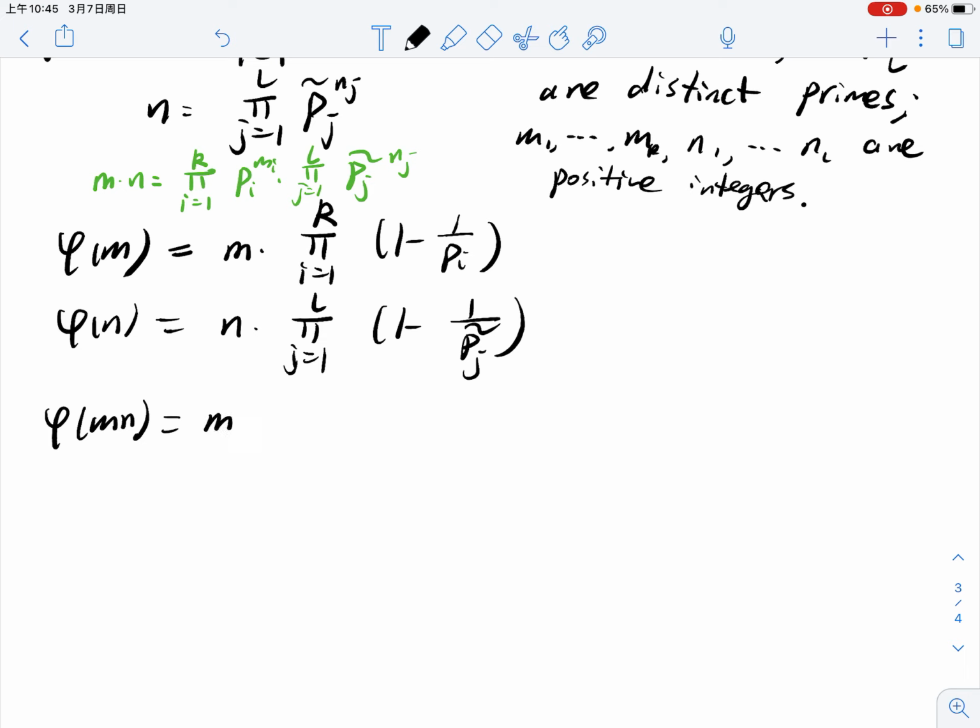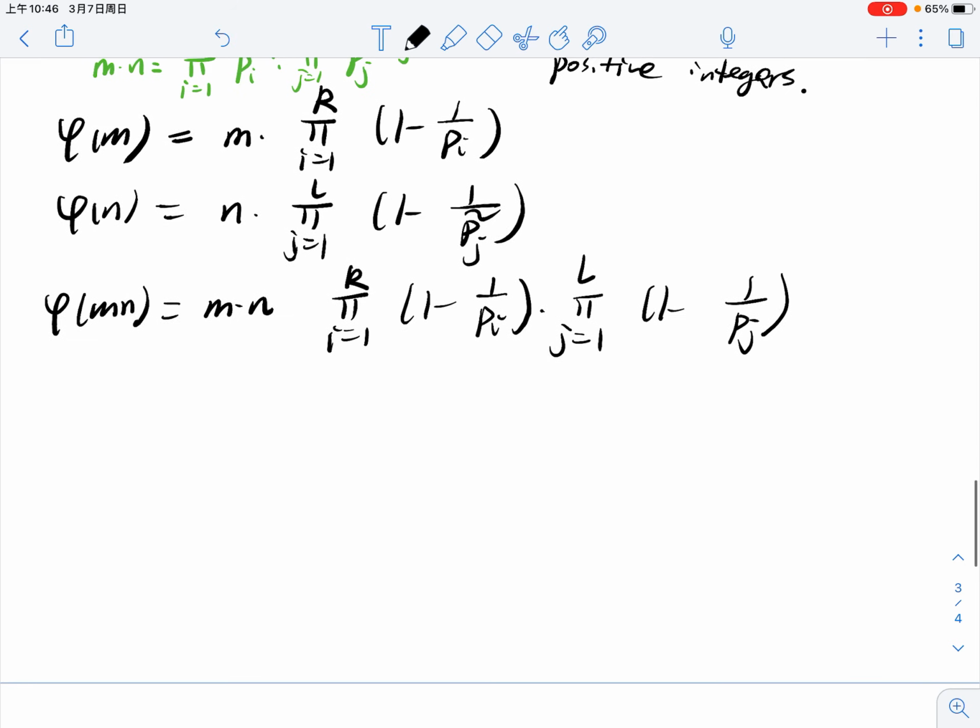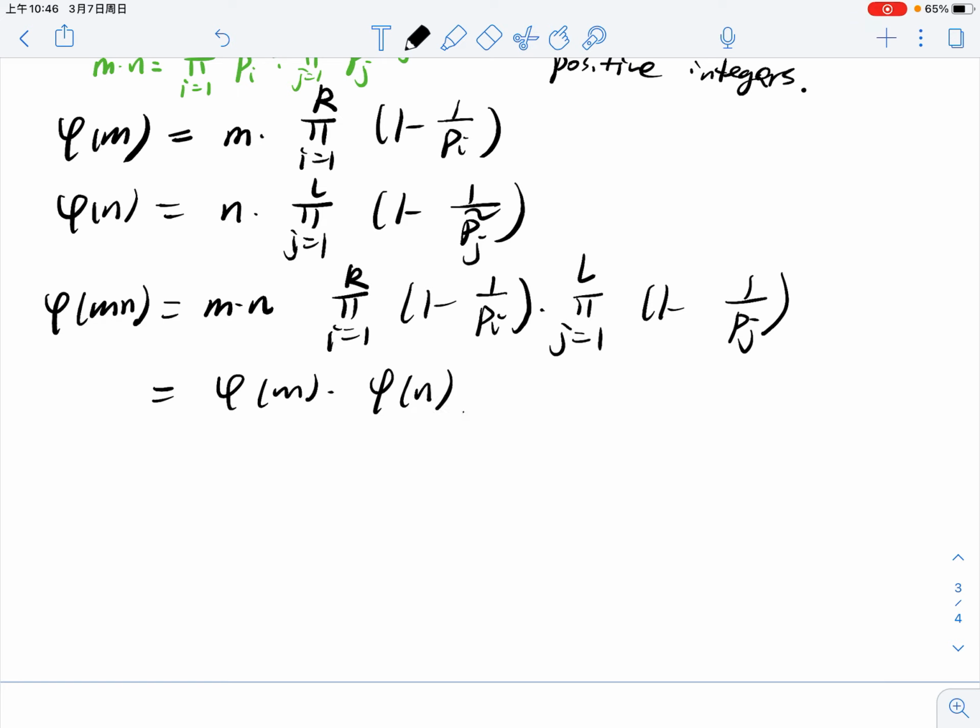So this will be m times n times the product for i from 1 to k of 1 minus 1 over pi, times the product for j from 1 to l of 1 minus 1 over p theta j. And this is phi m times phi n.